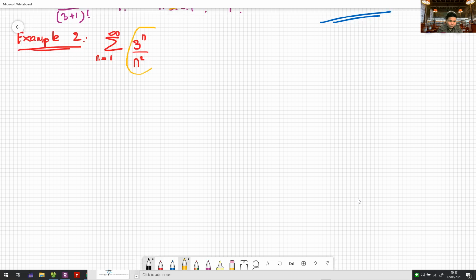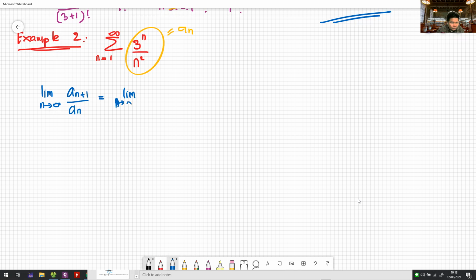This is our a_n. Clear? Now we will try to calculate the limit of a_(n+1) divided by a_n as n goes to infinity. Now, let's define what a_(n+1) is.